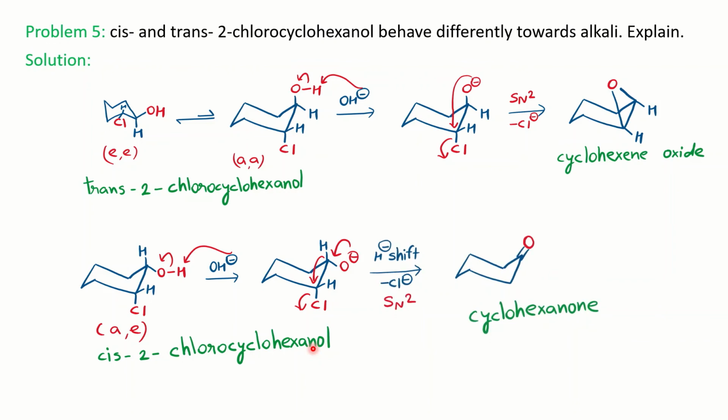So you basically get cyclohexanone here, via hydride shift. In both cases it is SN2, but you get different products. This way you can explain how cis and trans 2-chlorocyclohexanol behave differently. So this was our last problem, and now you can solve many problems related to NGP.